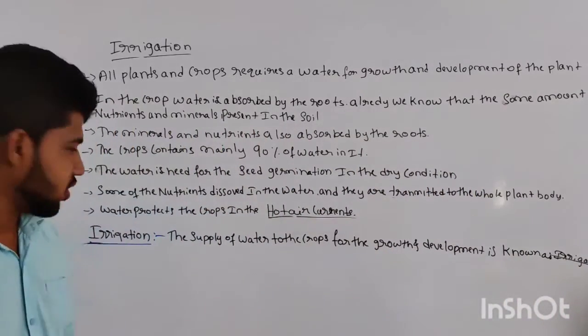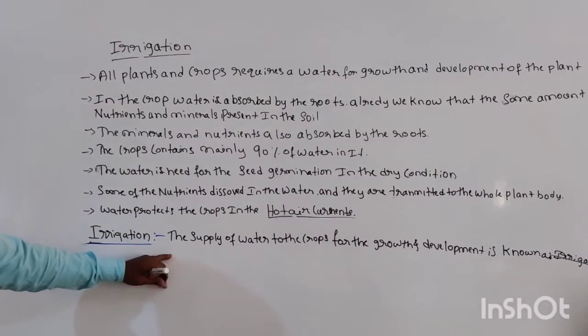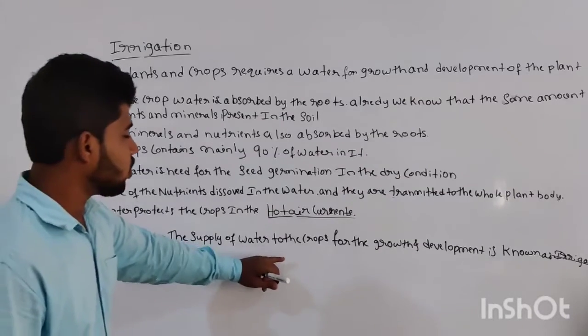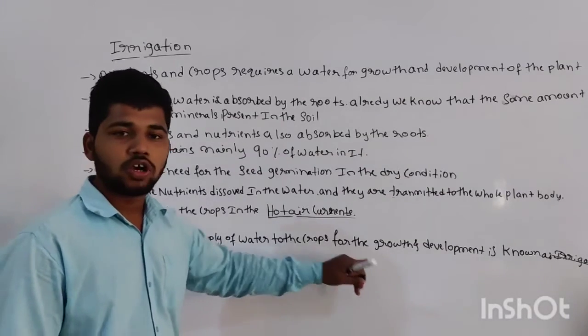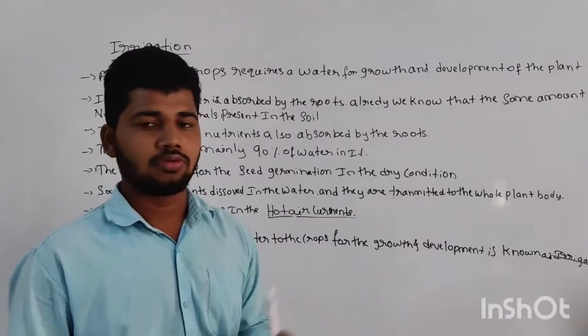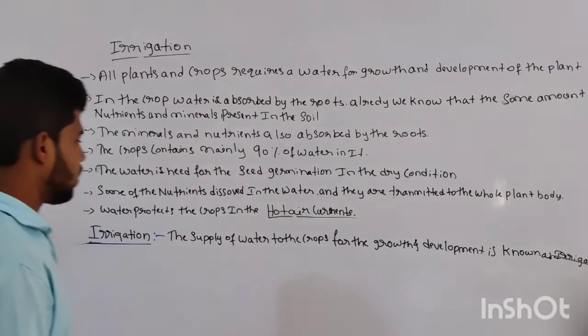What is the definition of irrigation? Irrigation is nothing but the supply of water to the crops for good growth and development of the crops. This is known as irrigation.